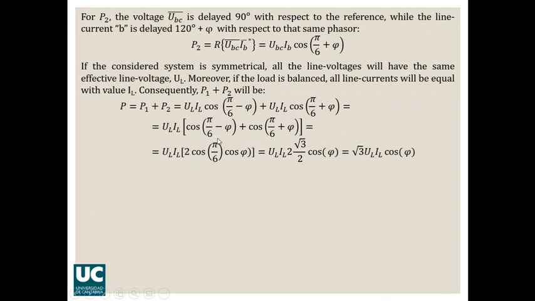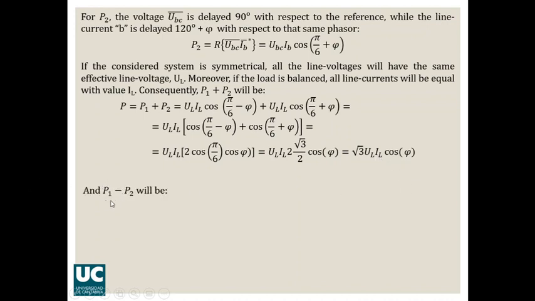As the cosine of pi divided by 6 is square root of 3 divided by 2, at the end you will get to this expression. So P, the total active power, would be square root of 3 multiplied by the line voltage and line current and the cosine of the angle.